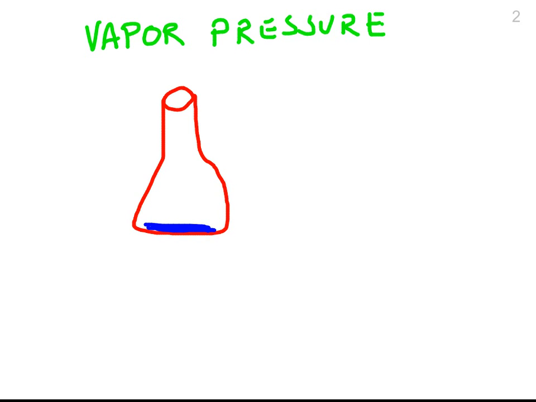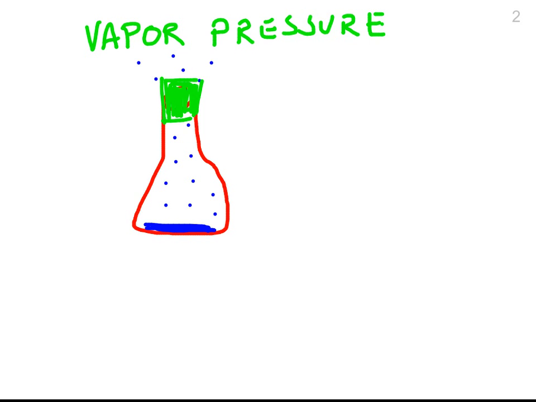So, as this liquid starts to evaporate, I am creating gas particles. Normally those gas particles that evaporate just go back out and soon disappear. The amount of liquid in the flask gets smaller and smaller and it evaporates away. But let's say I came along and I put a cork on that flask and I just sealed it up.